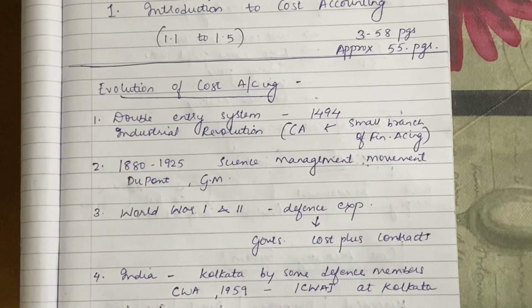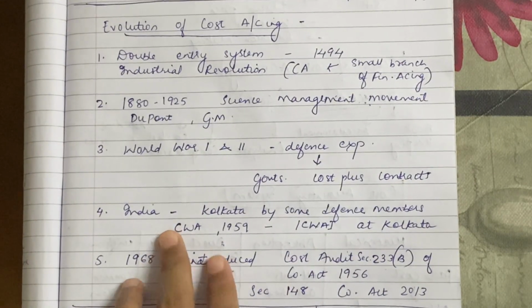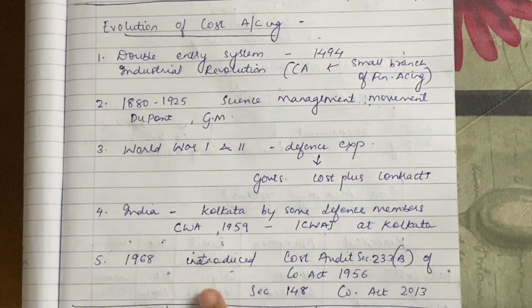Later, World War One and World War Two happened, so the defense expenditure increased a lot. Some governments used to procure defense equipment on a cost plus contract.